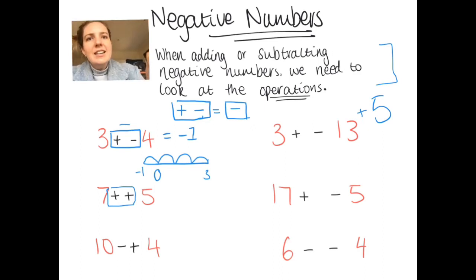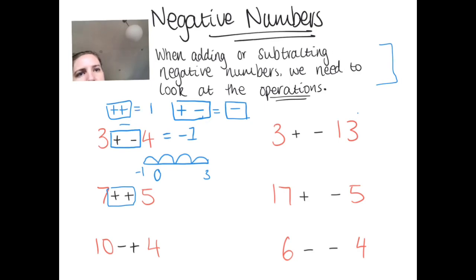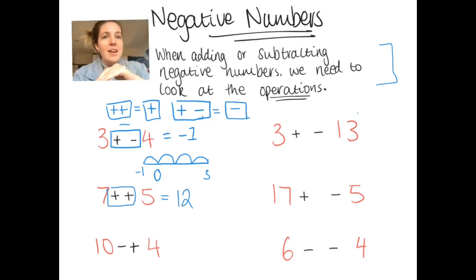And you'll see in a second that it actually doesn't matter if it's there or not, because 2 positives make a positive. So that's essentially just saying, what's 7 plus 5? 7 plus 5 is 12. There's nothing complicated going on there. My symbols stay exactly the same, because I know 7 plus a regular 5 is 12, so nothing changes there.